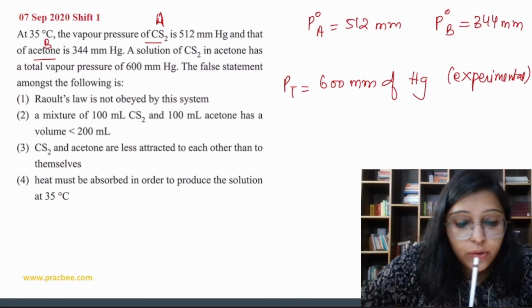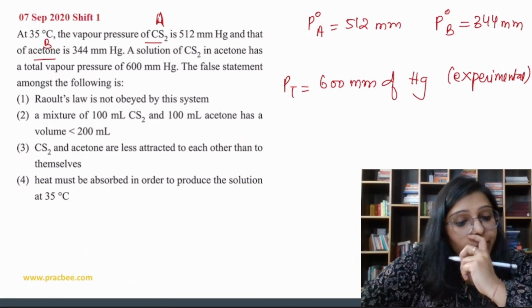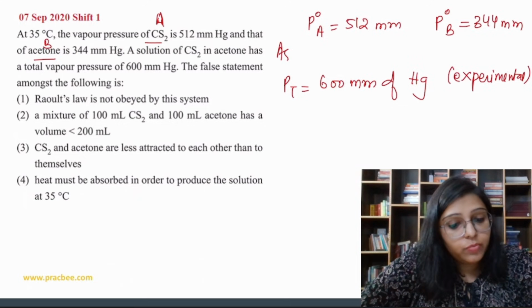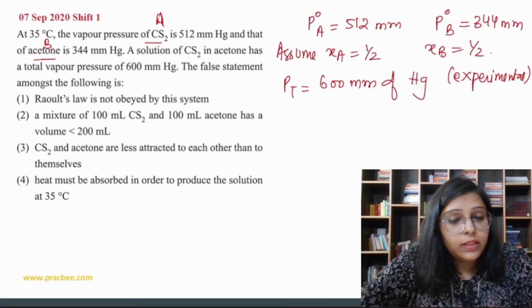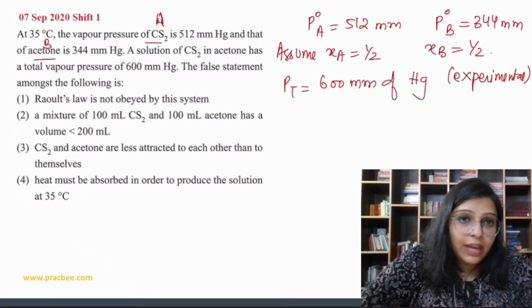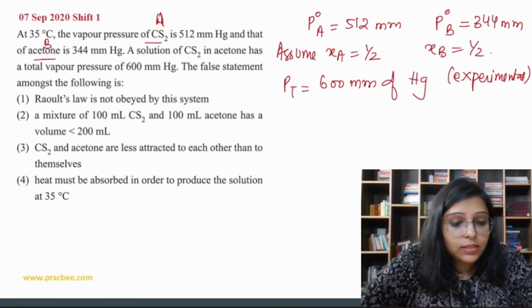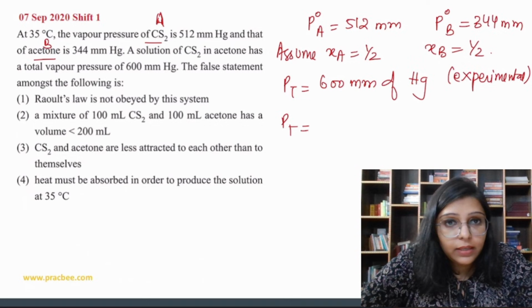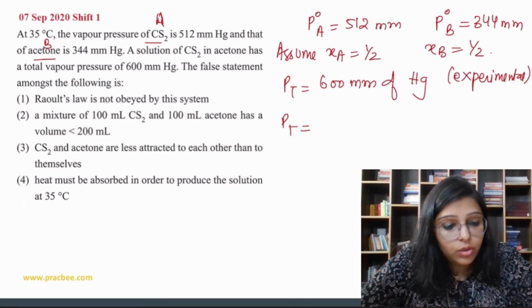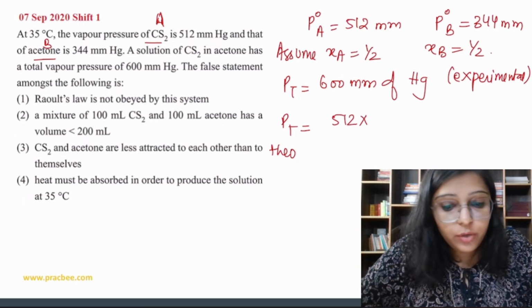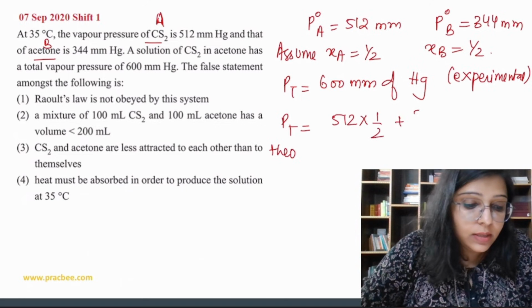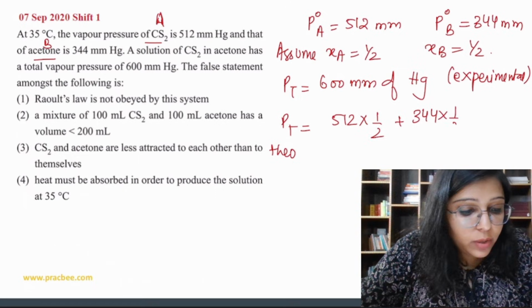So see what we are going to do now. We have to assume over here that suppose XA is half and XB is equal to half. Then only we can have the maximum pressure, right? We can have this pressure. So let's see this. P total theoretical should be 512 into 1 by 2 plus 344 into 1 by 2.